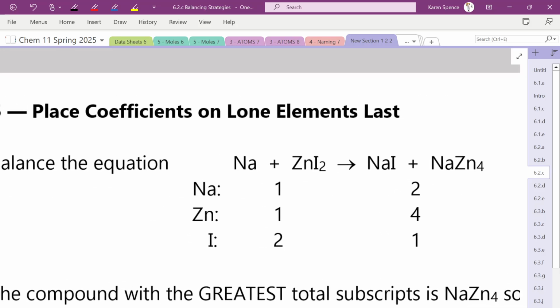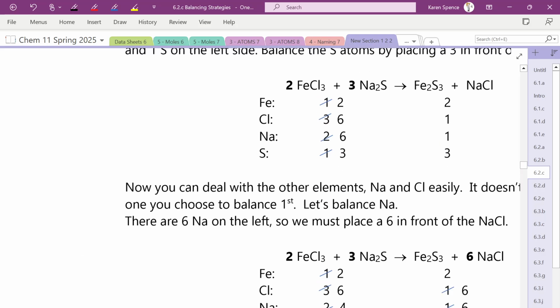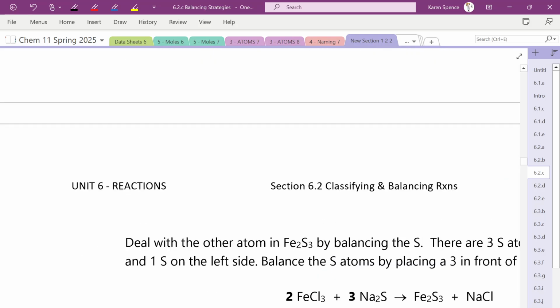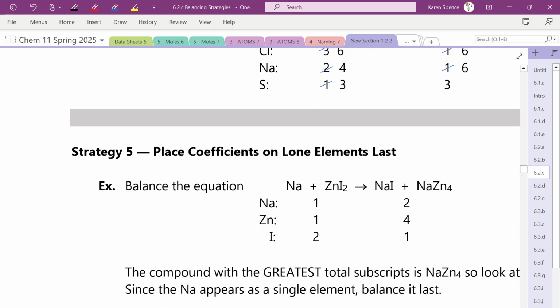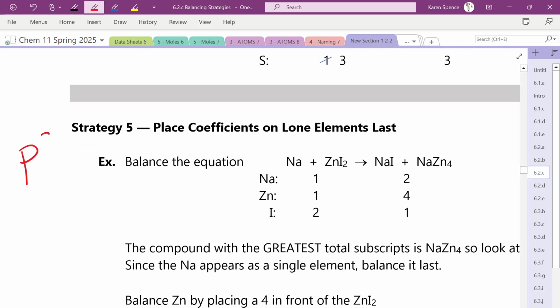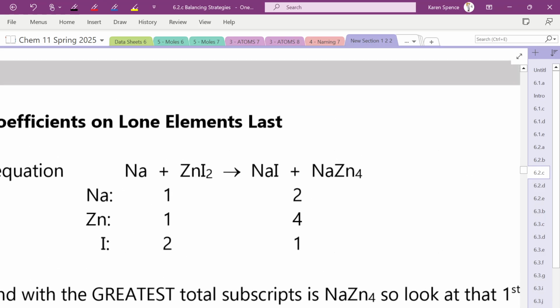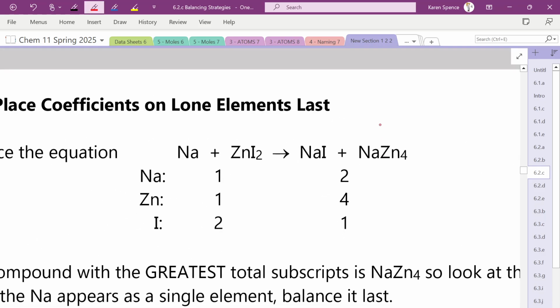Place coefficients. This is on page 32. We've already done this. Place coefficients on the lone elements last. This is a bizarre little equation. I don't know what kind of compound NaZn4 is, but that doesn't matter. We can still balance it.